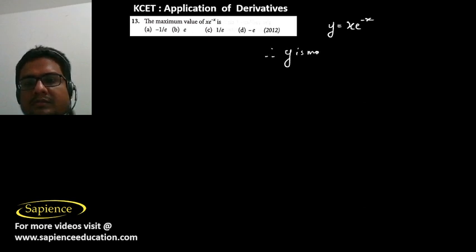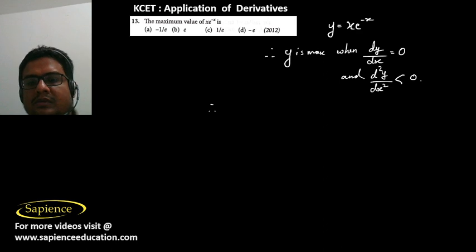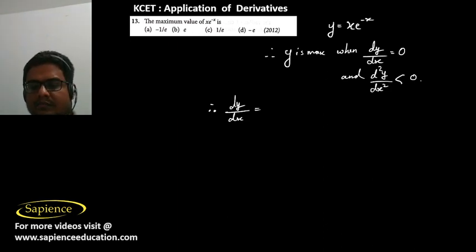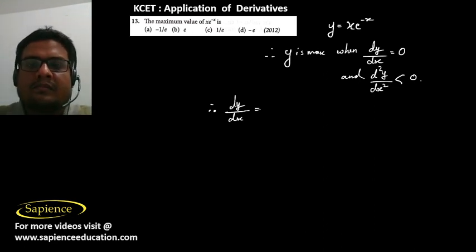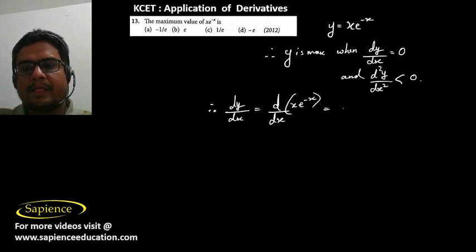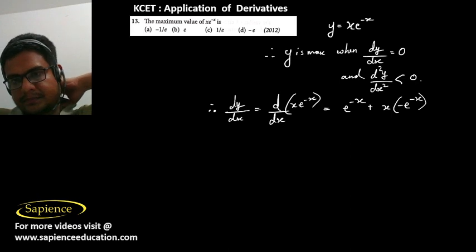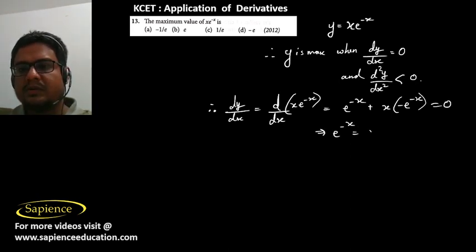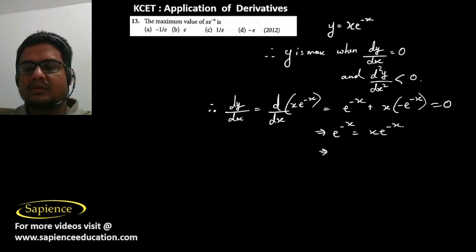Therefore, y is maximum when dy by dx is zero. dy by dx is e power minus x plus x into minus e power minus x, that should be equal to zero, so x should be equal to 1.